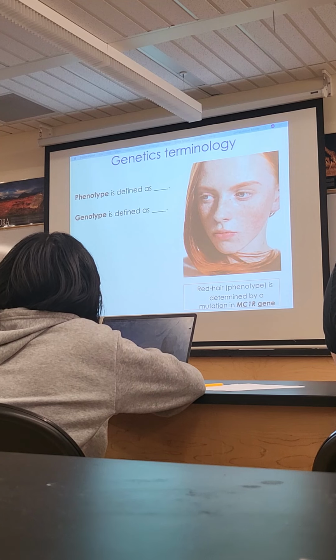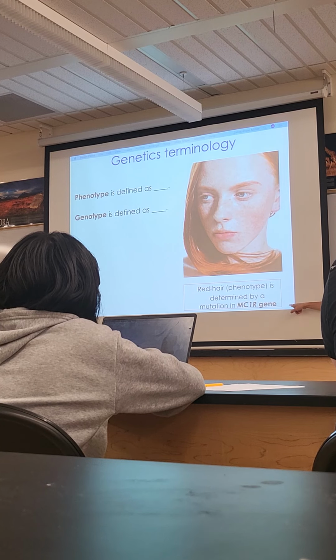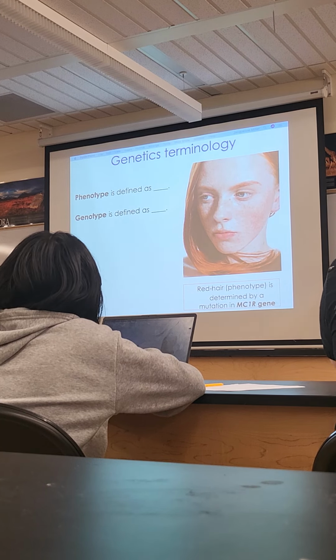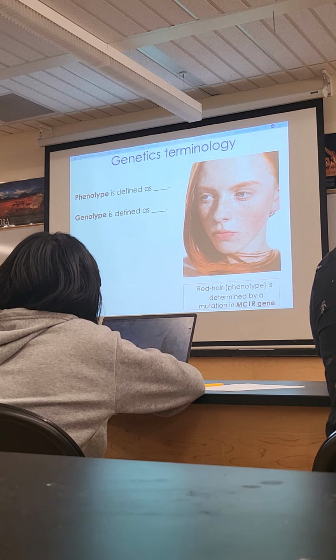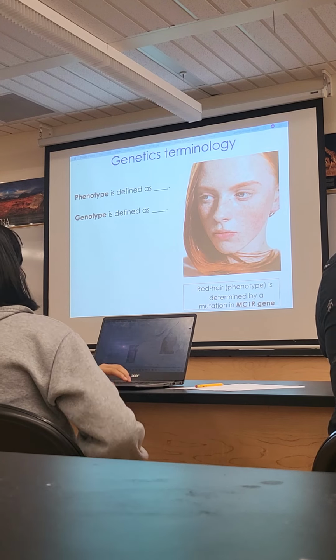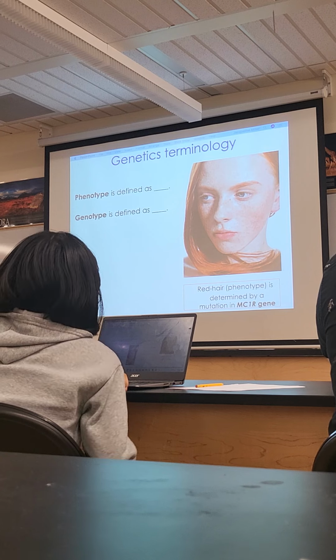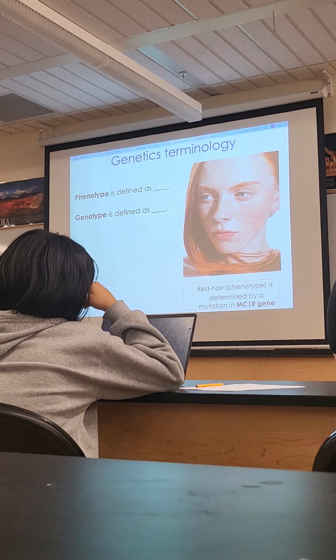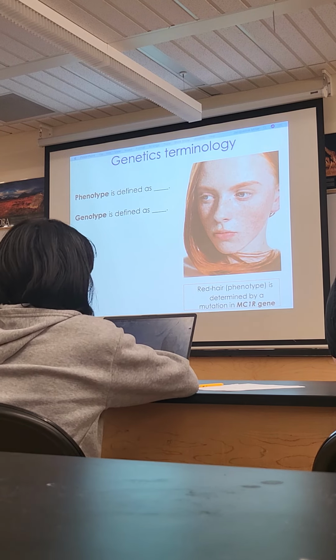The genotype is determined by the gene that controls that trait, which in this case is the MC1R gene. And we talked about this same gene when we talked about pocket mice. Does everybody remember doing the pocket mouse activity? That is a gene that controls pigmentation. It controls fur color in mice, and it also controls pigmentation in human hair and skin.